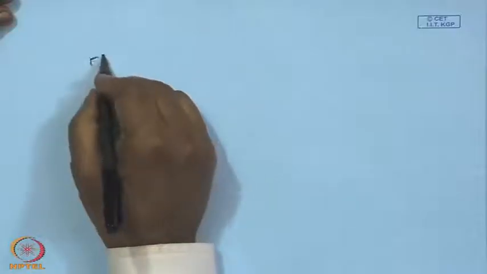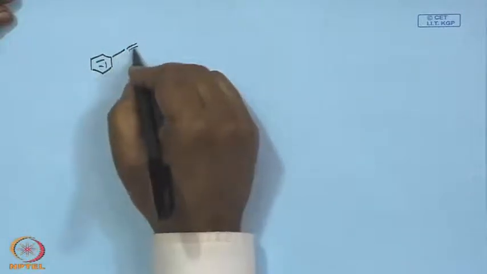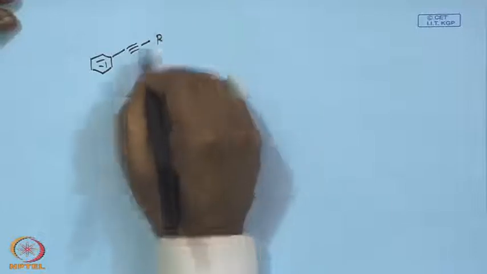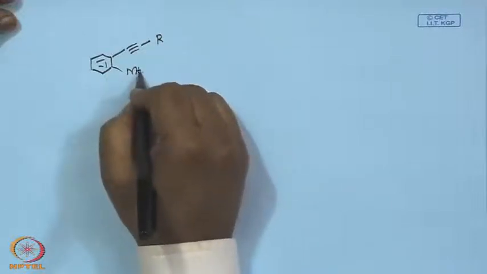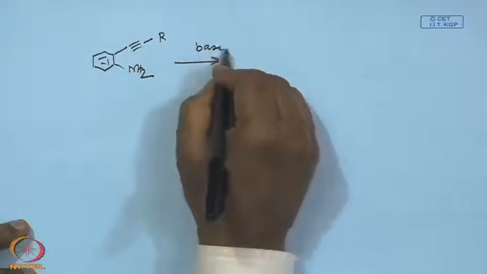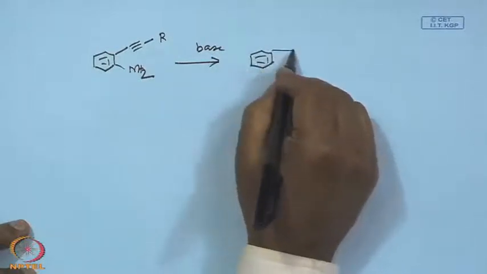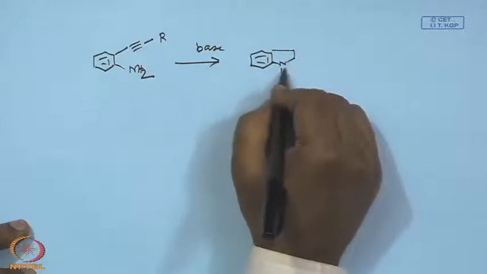So, what else? One more style of getting indole derivatives is well known, that also starts from these alkyne derivatives. If you have an alkyne derivative with this NH2, it is a very popular one. What you have to do is just use a base and you will go straight to the product with substitution.